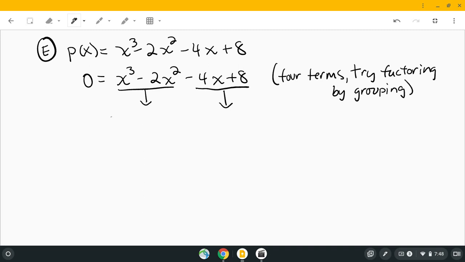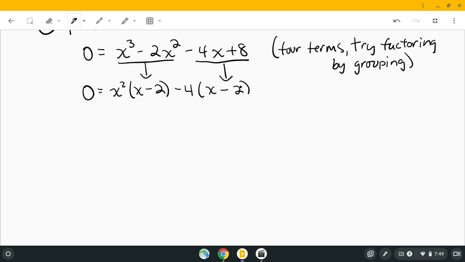Okay. All right, so here I'm going to factor out x squared from this first group, and that will leave me with x minus 2. All right, we're done with that. Now let's go to the next group. This group has negative 4 in common, so I'm going to factor out negative 4. Negative 4 times 1x, negative 4 times negative 2.